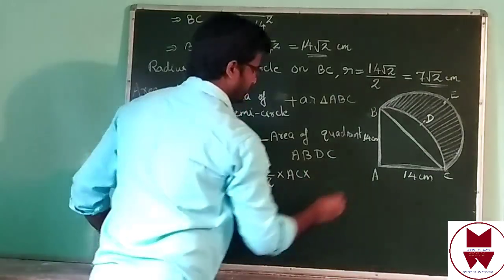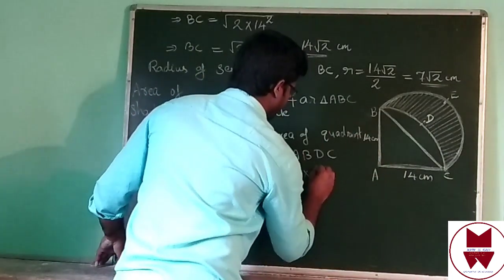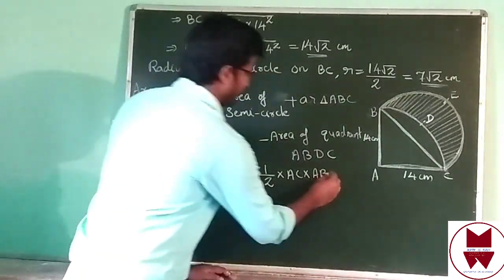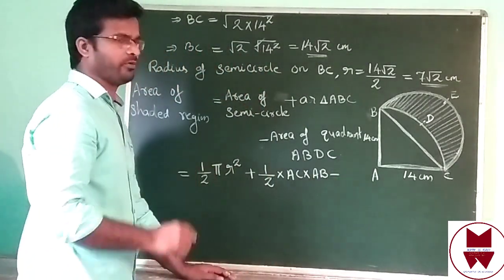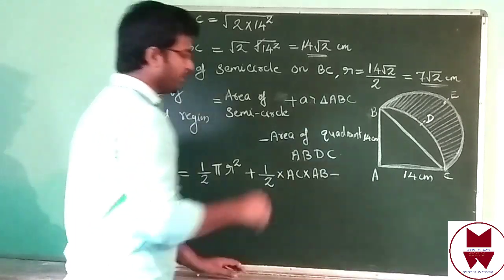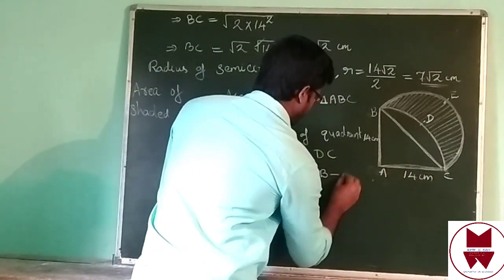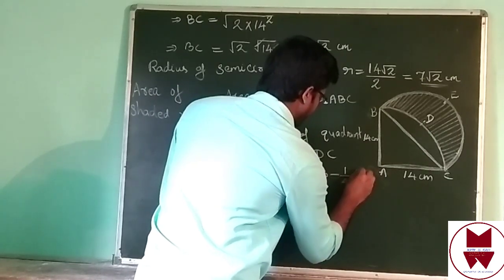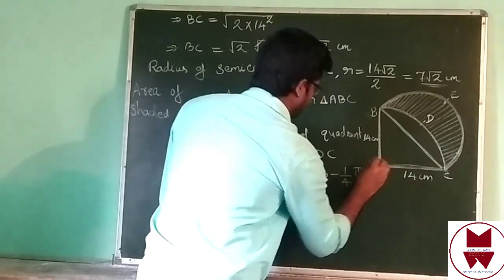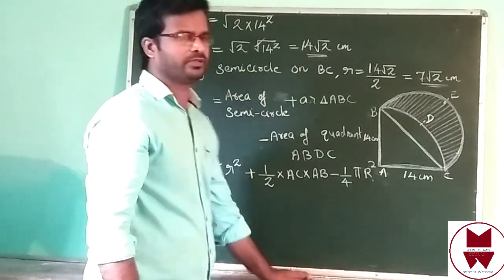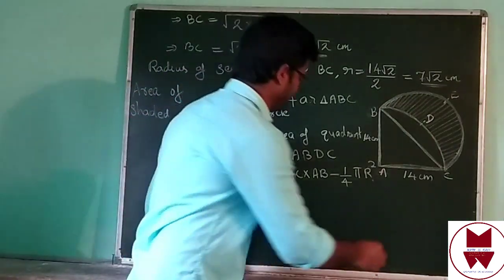AC, into height. Height means AB. 1 by 2 AC into AB. Minus area of quadrant. What is the area of quadrant? 1 by 4 pi capital letter R square.